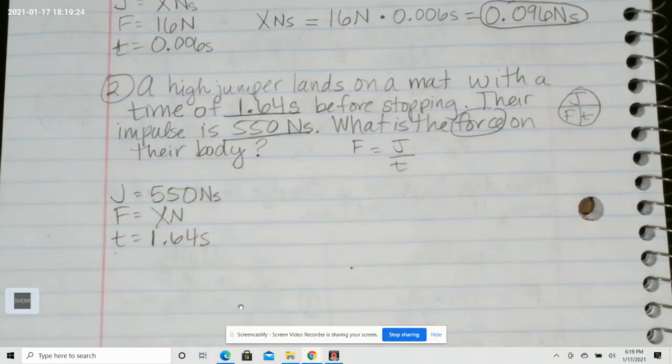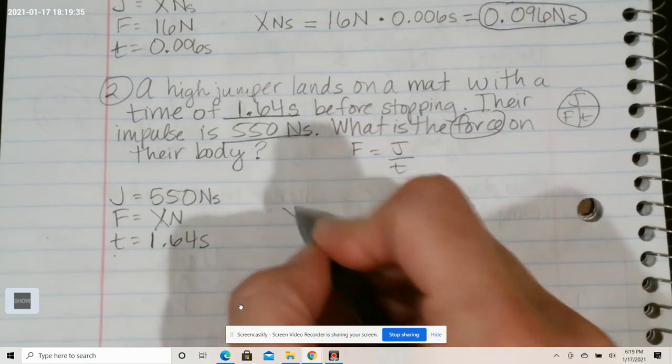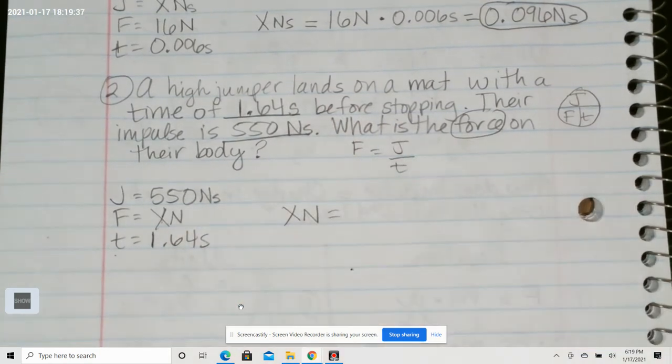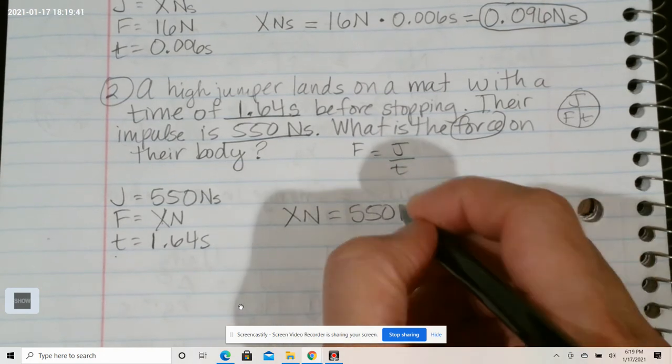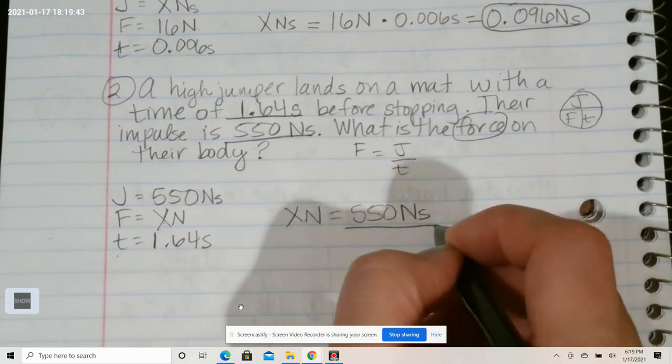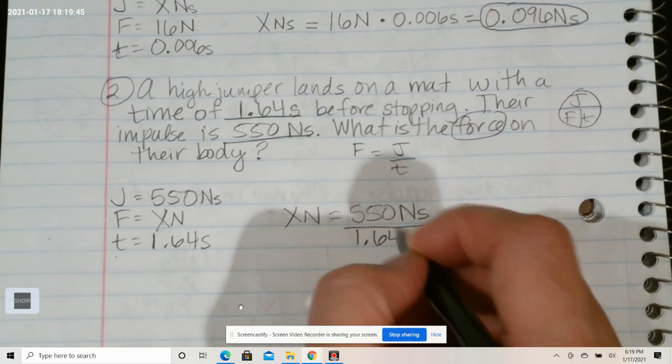So the high jumper sinks into the mat before coming to a stop. You wouldn't want to land on the ground as a high jumper. So we're going to plug these numbers into the equation. X newtons equals, our J goes on top, so 550 newton seconds, divided by our time of 1.64 seconds.